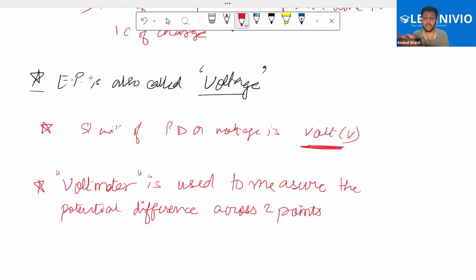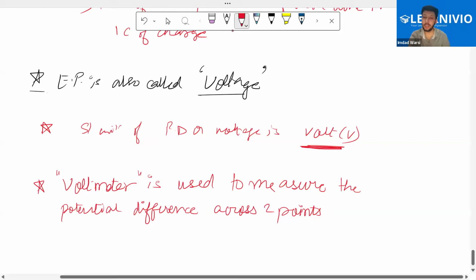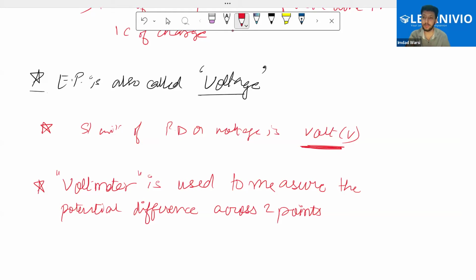So if I ask you which instrument or device should I use, I give you a circuit and you want to measure the potential difference in that circuit, which instrument will you be using? Voltmeter, right?